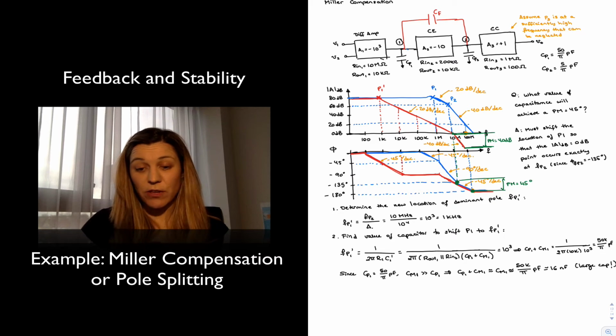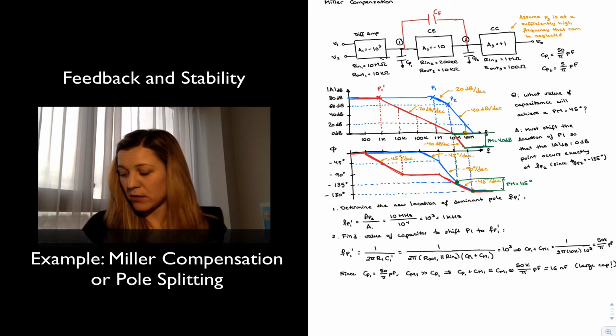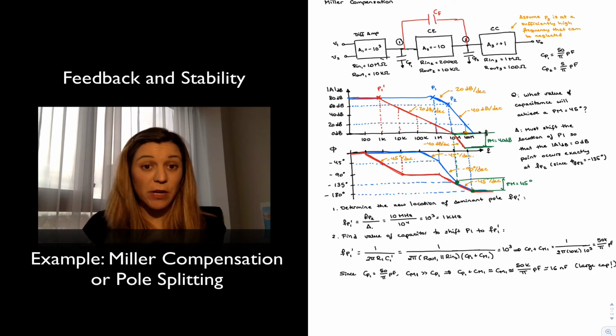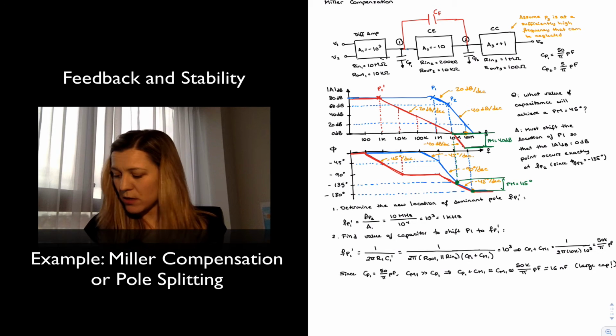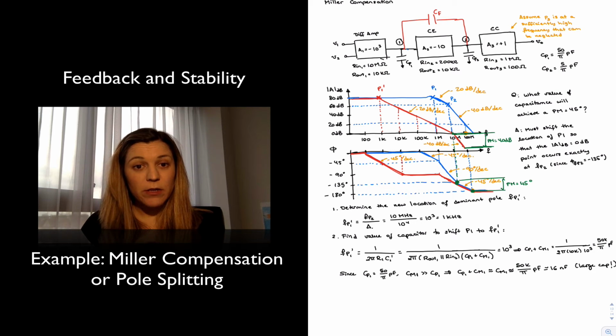Fortunately, we can take advantage of the Miller effect. The capacitor that we actually need to connect in the feedback path, in order to achieve the equivalent capacitance at the input node, the node labeled 1, is going to be approximately that capacitance CM1 divided by the gain of the second stage.